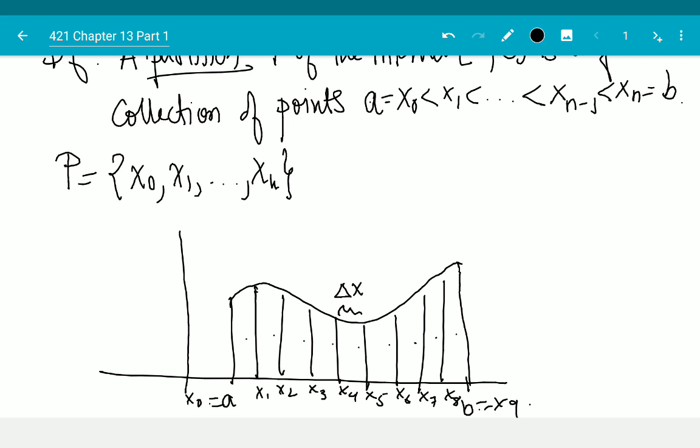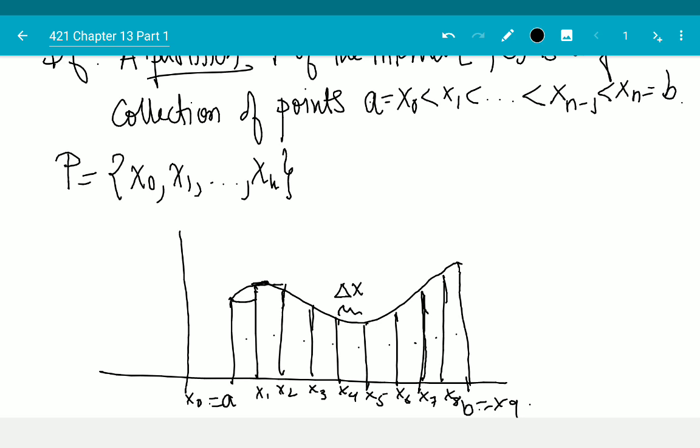But counting the area here isn't helping me in any way. I have no idea what the area of these things is, right? What I'm going to do is, instead of going at whatever these weird things are, I am just going to look at the rectangles that these guys form.